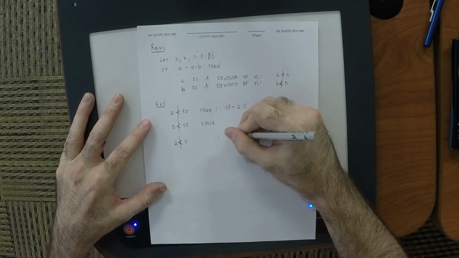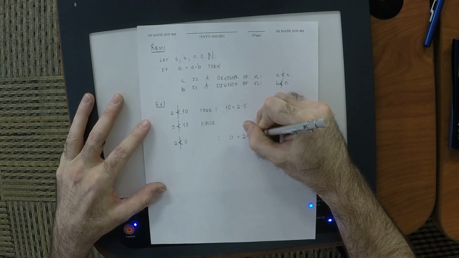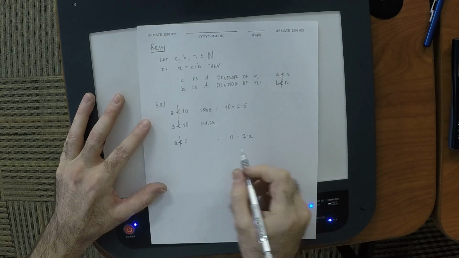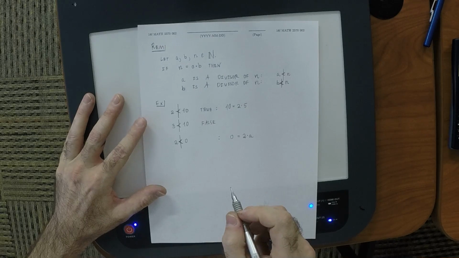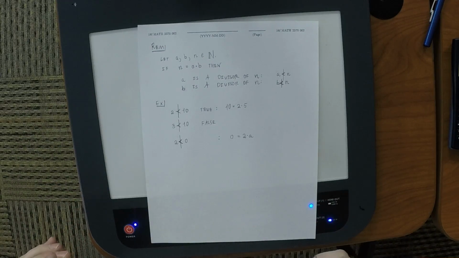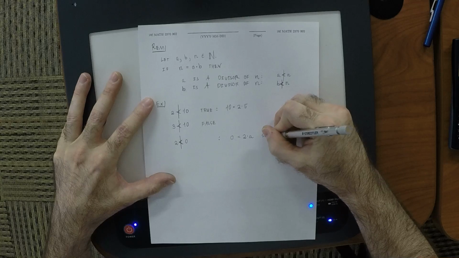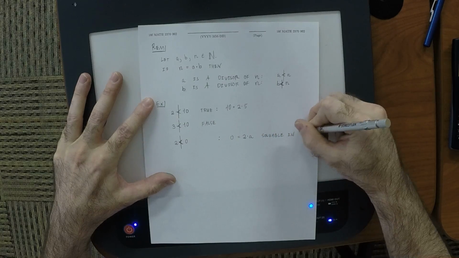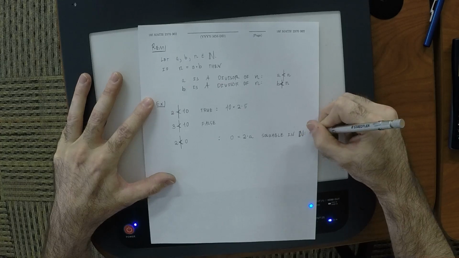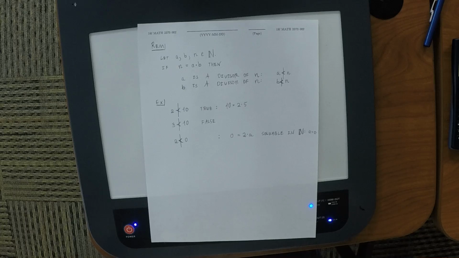The question is, 0 is equal to 2 multiplied by A. Can you solve this for a natural A? Is there a natural that satisfies that equation? What is it? 0. So this is solvable in the naturals with A is 0. So does 2 divide 0? It does.